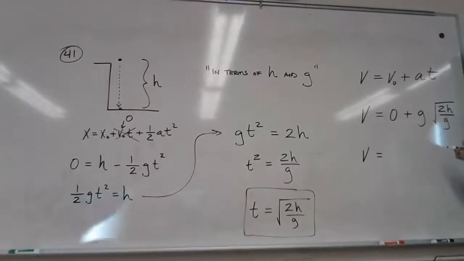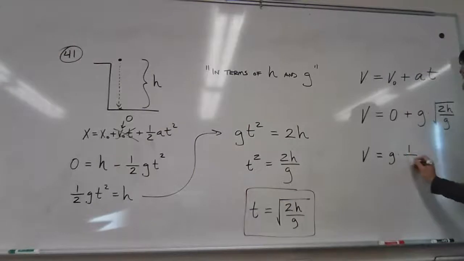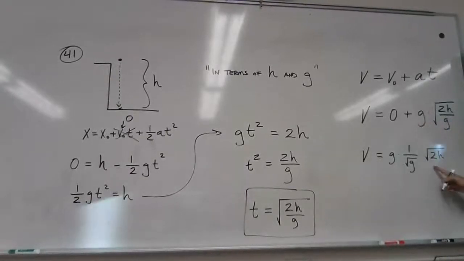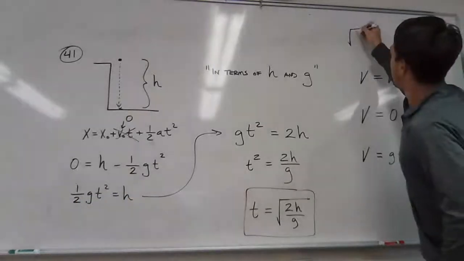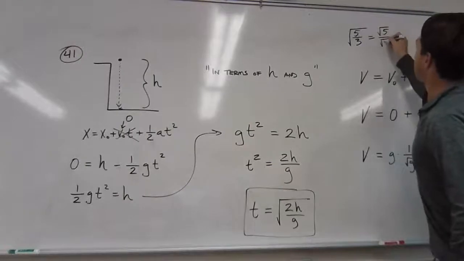If I'm going to show my work here, it's going to look like this. I've got g, so let's break this up. Does everyone agree that I can do this? That's how square roots work, right? Just for example, the square root of 5/3 is the same as the square root of 5 over the square root of 3.